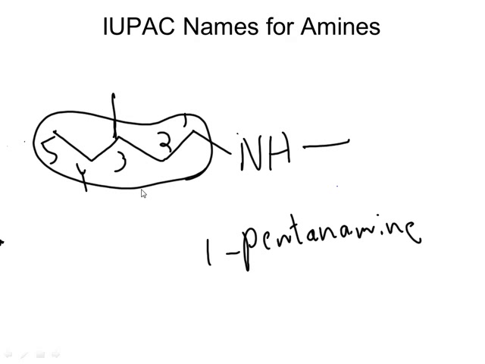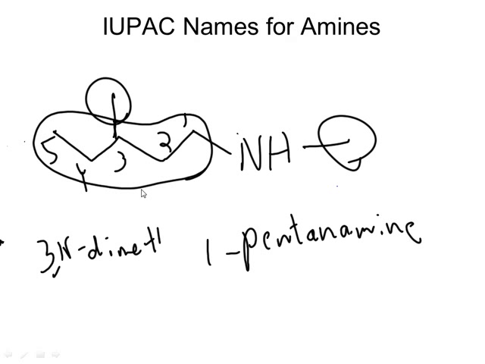But now notice we've got a methyl group on the nitrogen and a methyl group on the parent chain. We deal with this just like they were together. We put them together as dimethyl. So I'm going to call this 3,N-dimethyl 1-pentanamine. The 3 comes before the N alphabetically because when you alphabetize, numbers come before letters.